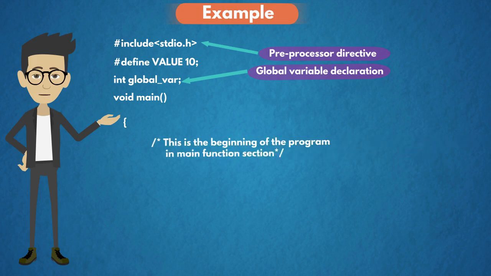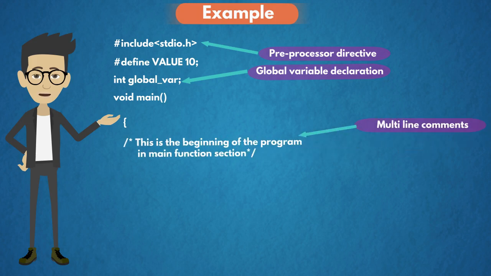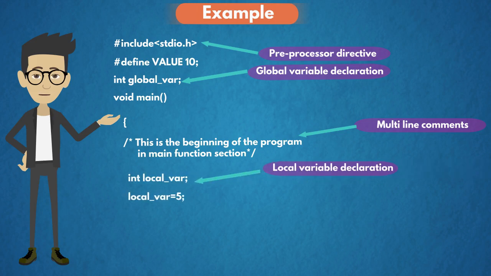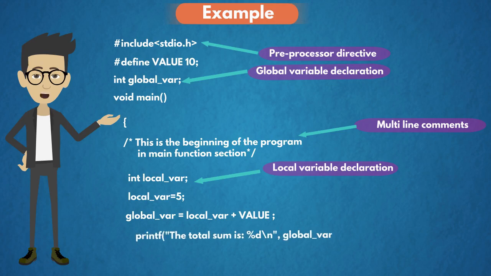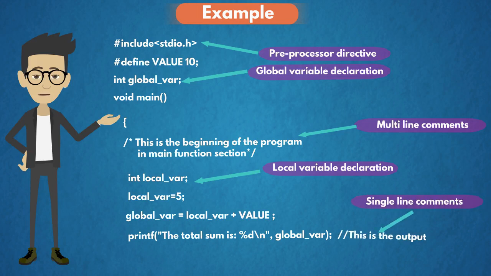Under the main method, we have multi-line comments, which are not executable, and we can declare local variables as int data type, and assign global variable is equal to local variable plus value. Then we have the printf statement, that is, the total sum is %d, global variable. This is the output, that is a single line comment. This single line comment is also not executable by the C compiler.